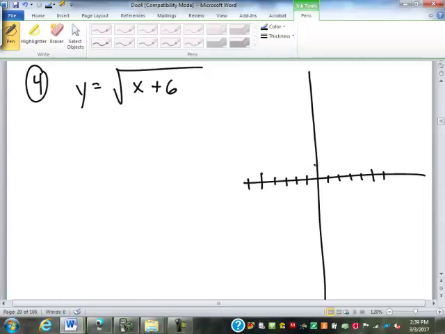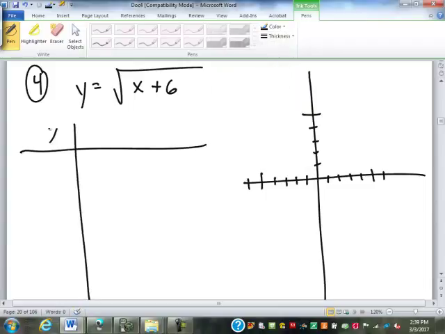So looking at this one, I put some really weird values in there for x for you. I believe the first one I put in is -6. When I'm looking at this equation, I see that I'm going to take x plus 6, and then I'm going to have to take the square root of it.